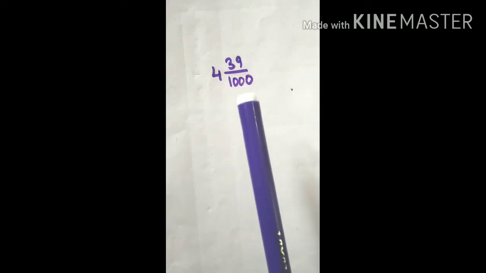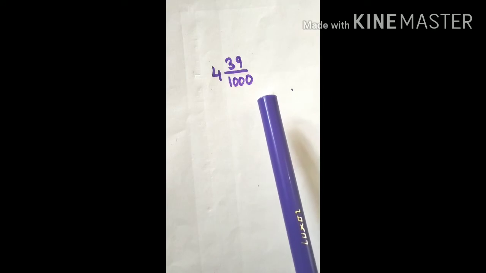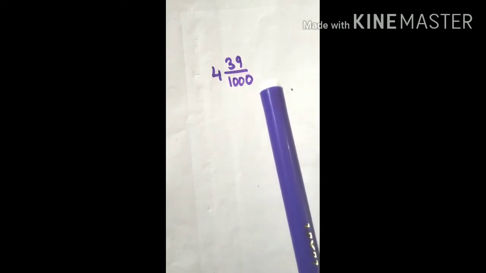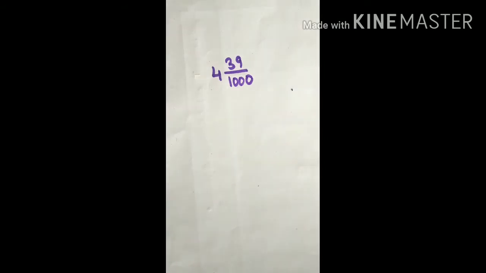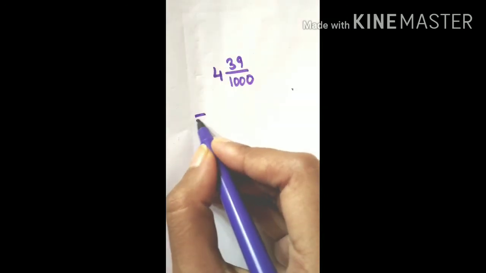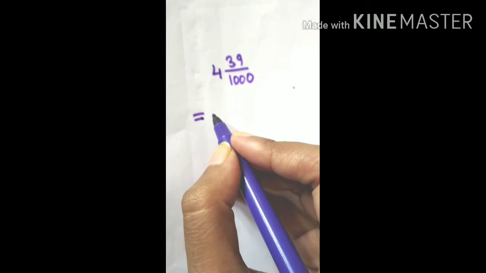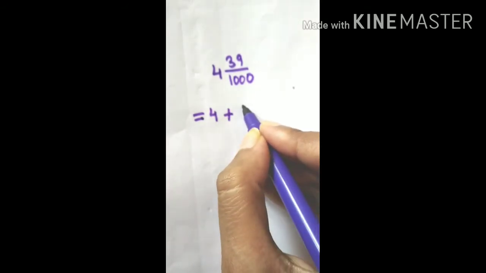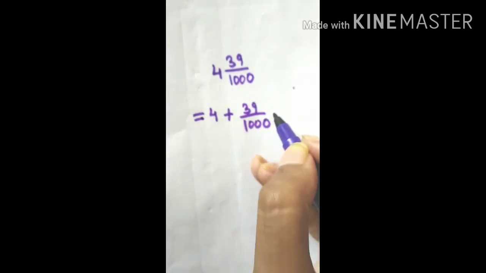Now students, look at this question, 4 and 39 by 1000. This is also a mixed number. Suppose we want to express this mixed number as a decimal. So in the next step, we will write this mixed number as 4 plus 39 by 1000.